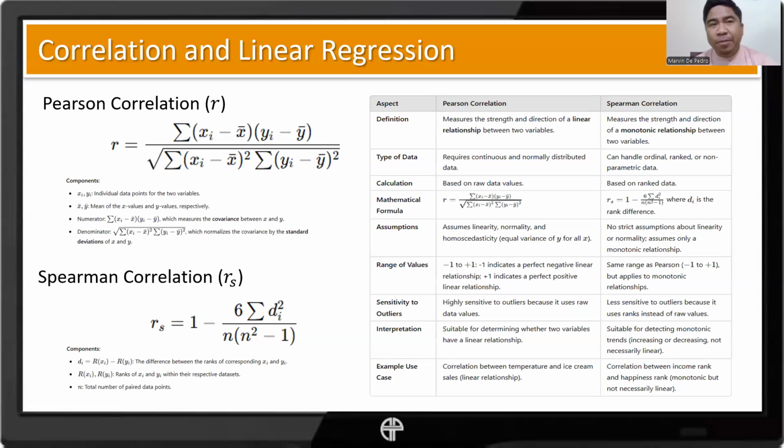When we compute for the Pearson's R correlation, it is no longer advisable to compute it manually. Although you can, it is very time consuming.